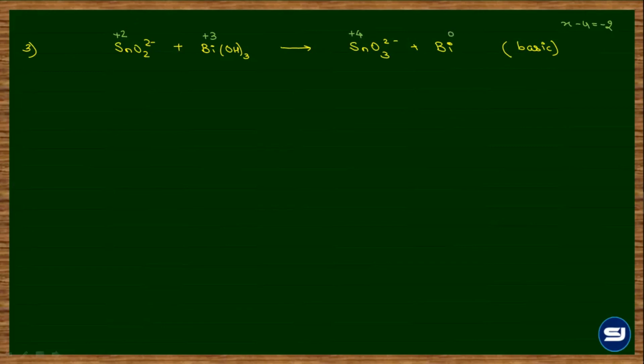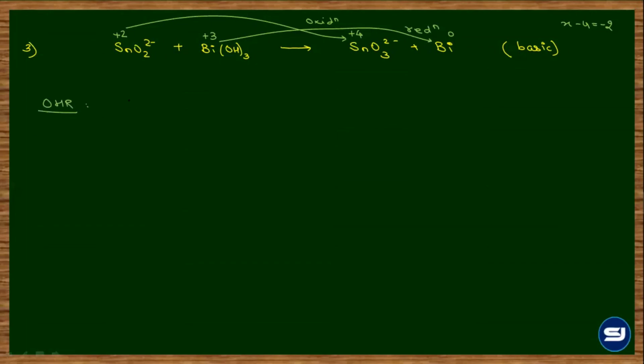So we now know that Sn is undergoing oxidation and Bi is undergoing reduction. So let's break this into OHR and RHR.